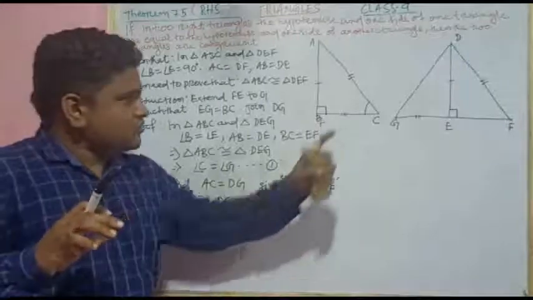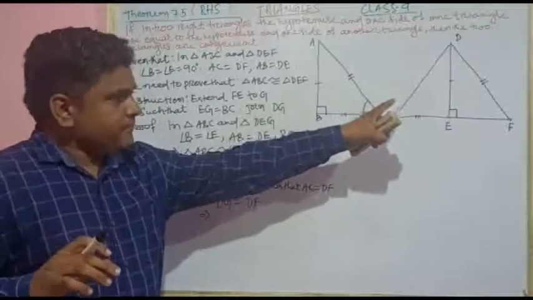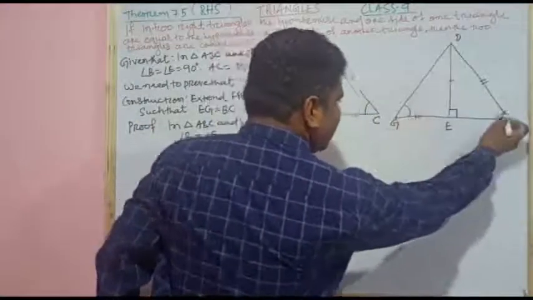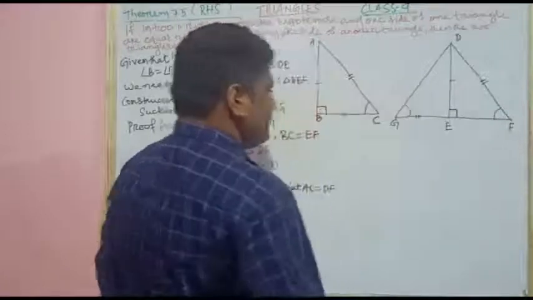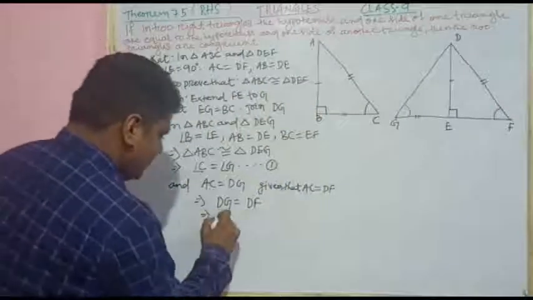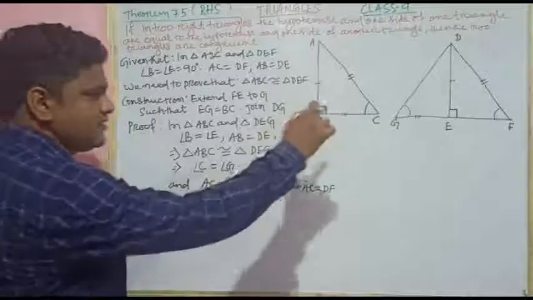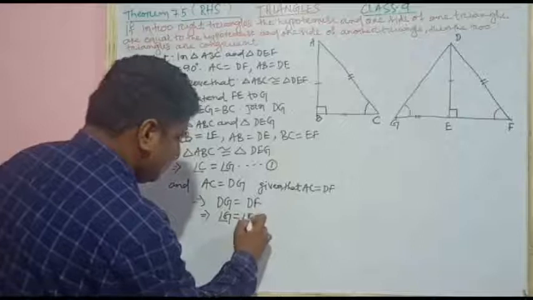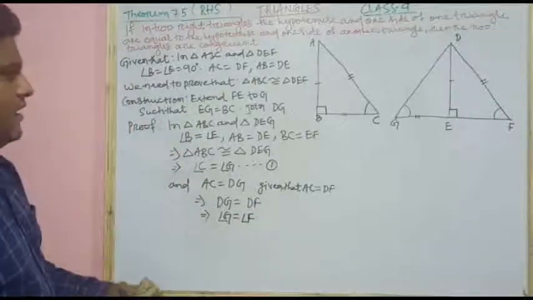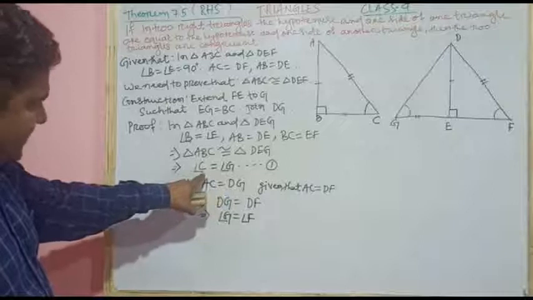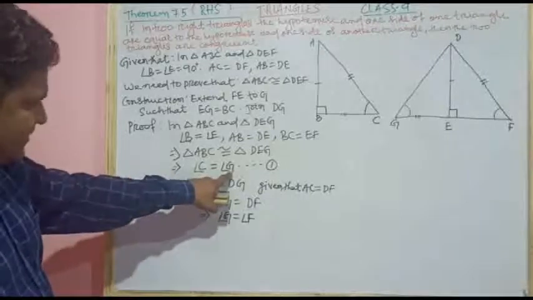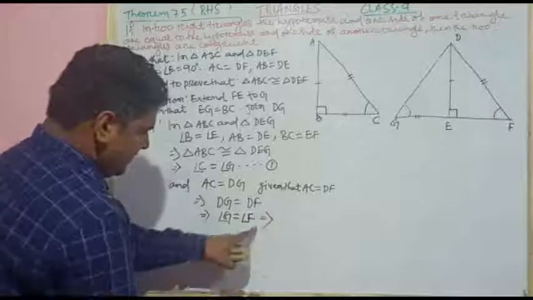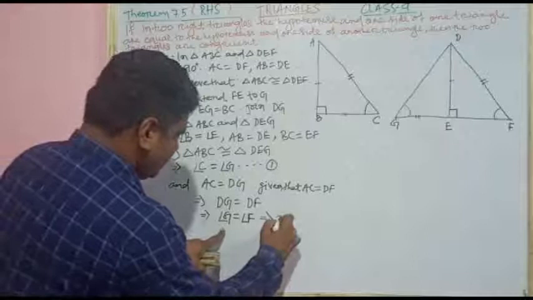So two sides of one triangle are equal, so their corresponding angles must be equal, that is angle G and angle F must be equal. This implies that we can write angle G equal to angle F. And we have already written angle C equal to angle G, and we got angle G equal to angle F. We can also write angle F equal to angle G in reverse order.